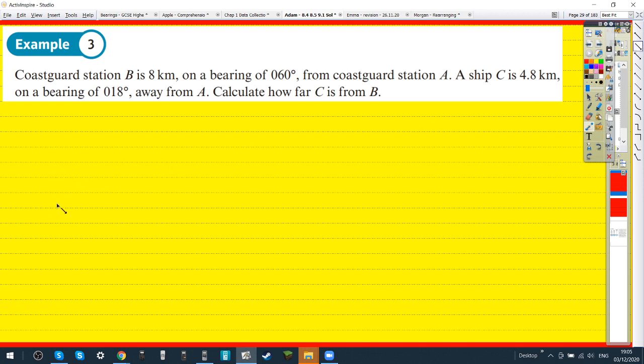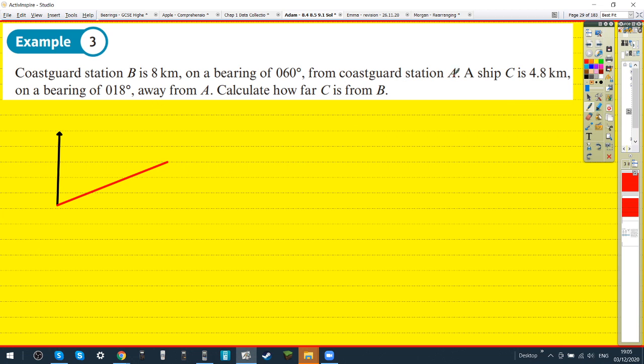So I have to start... That's my north line. It is 8 on a bearing of 160. So that's 90, so that's like 2/3. Yeah. That's a length of 8, and that is from Coast Guard Station A. That brings us to Station B.